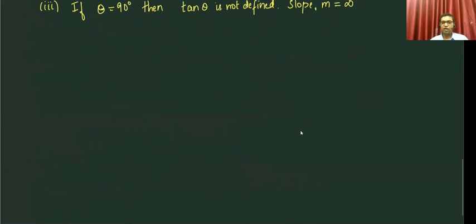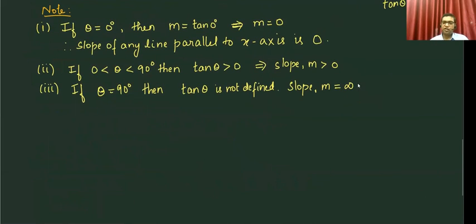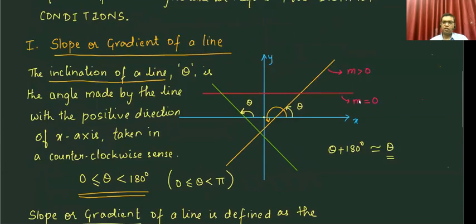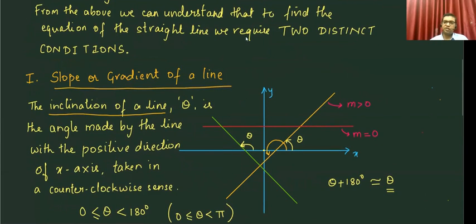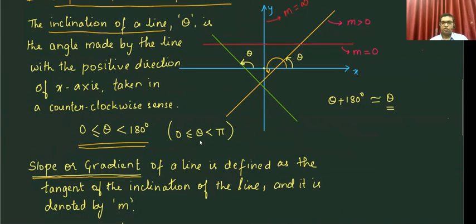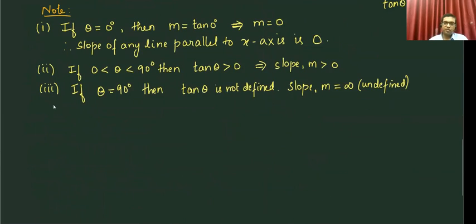Actually slope m is undefined in that situation, but the common notation is we write m is infinity. I'll come back to the final statements.